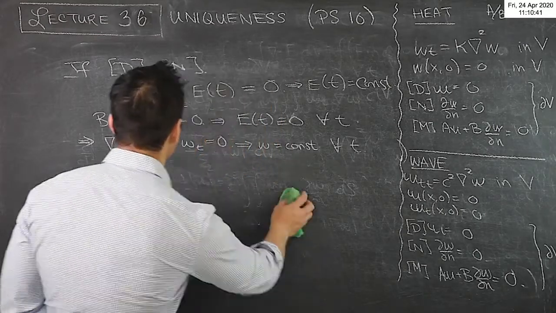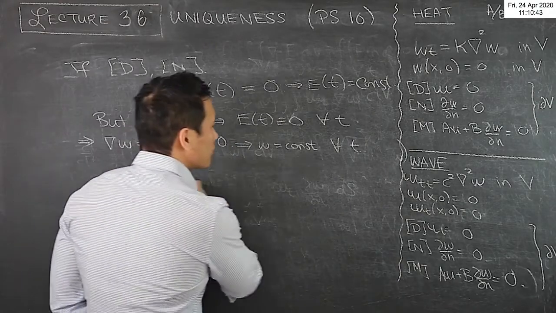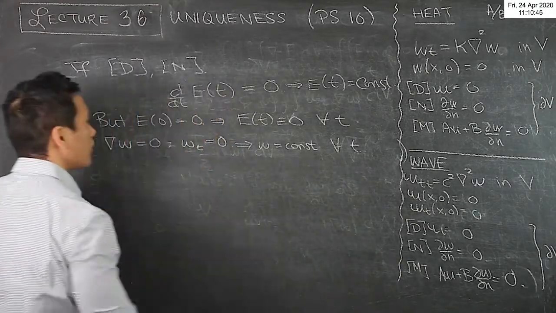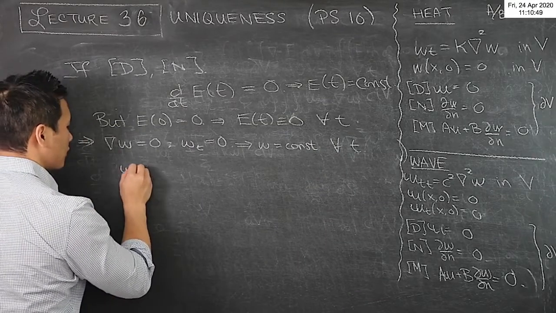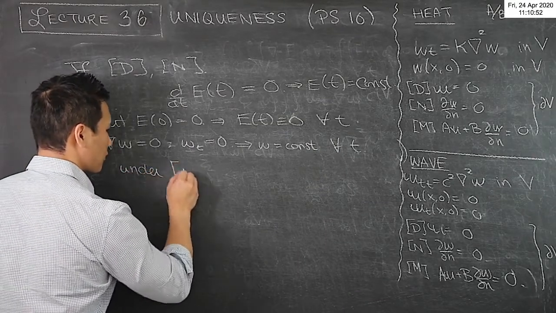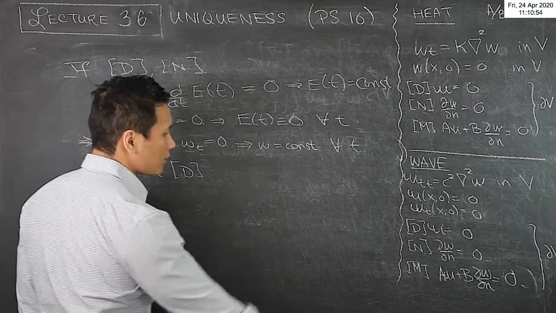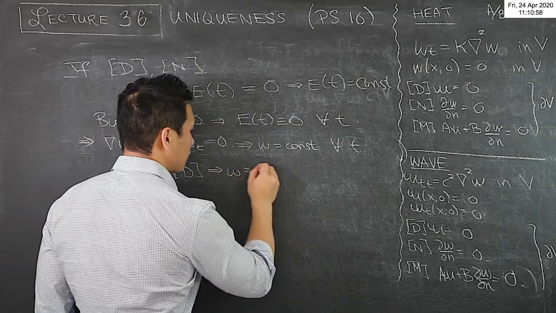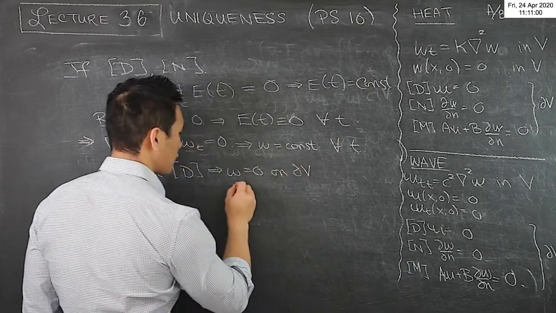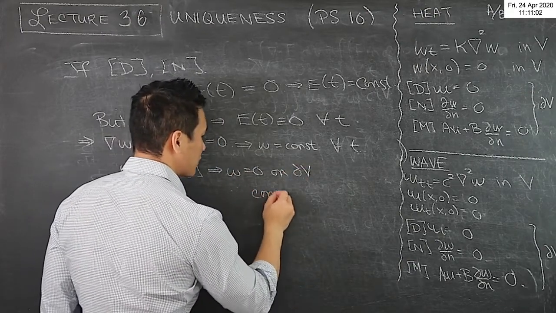Okay, sorry, just making sure here. So w has to be constant for all t. Under the Dirichlet condition, w has to be 0 on the boundary, so w is equal to 0 on the boundary of v, so therefore that constant has to be equal to 0.